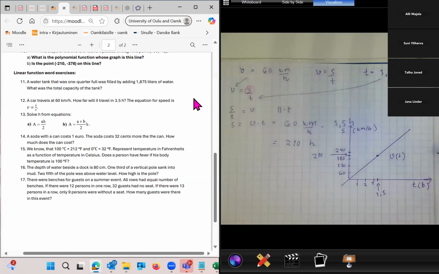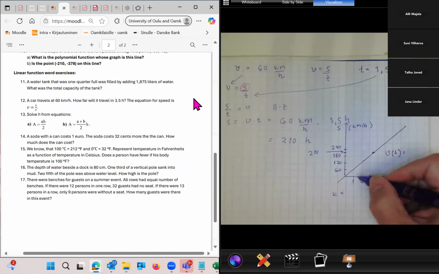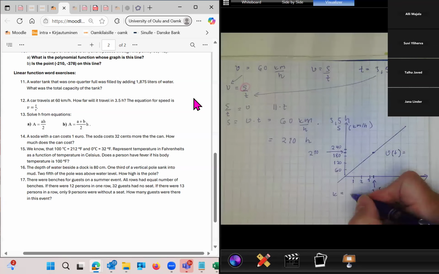Yes. Where we can calculate, for example, the k here. It's the change of s divided by the change of t, obviously.